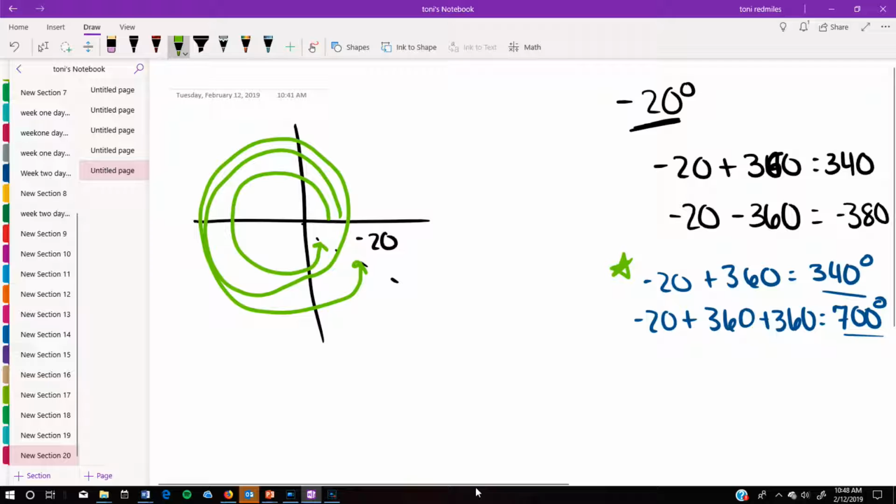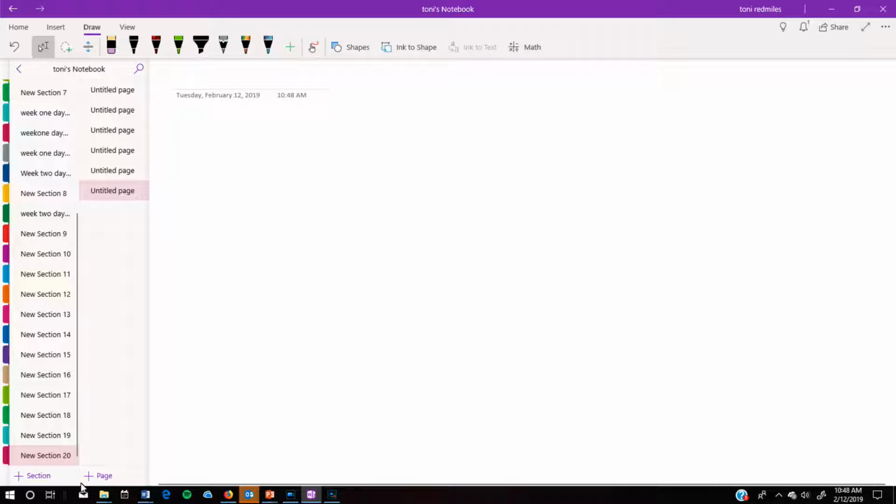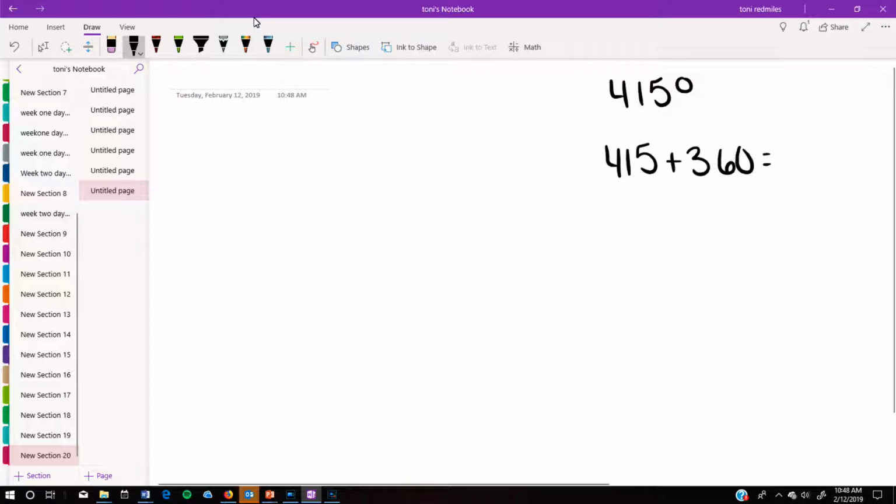All right, so now let's look at what happens when I'm bigger, okay? So the example that I'm going to use is 415 degrees. All right, let's first do the math. So I add 360, and if I do that, I'm going to get 775, and I am going to subtract 360.